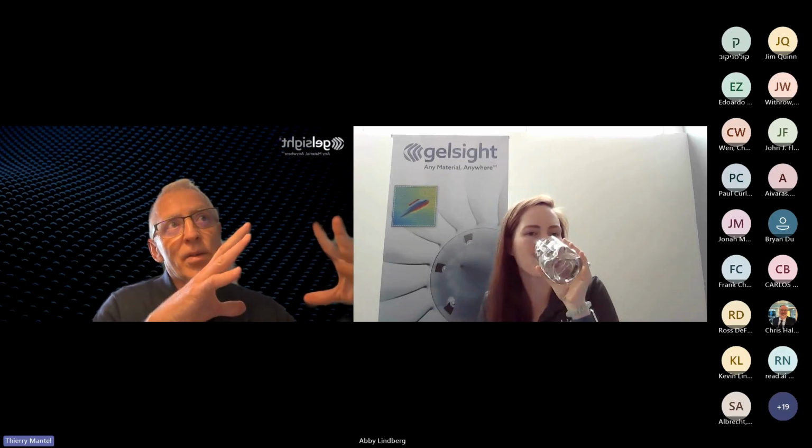Yeah, just while we're waiting for the question, what we can also summarize, when we look at the last webinars, we insisted on the capability of GelSight to measure different types of defects. We were mentioning scratches, dents, splits, particles. Now we really wanted to insist on the fact that we are able to measure any type of materials.